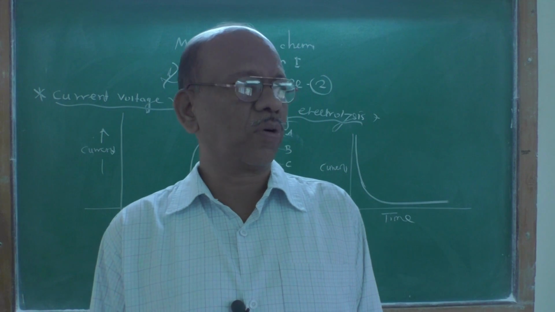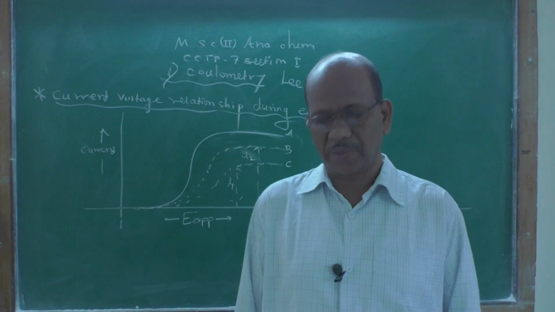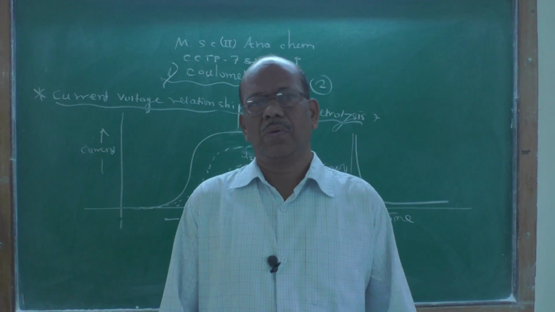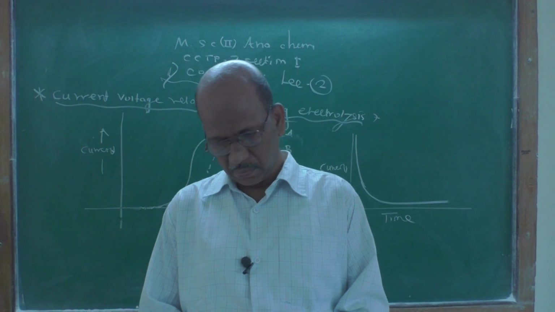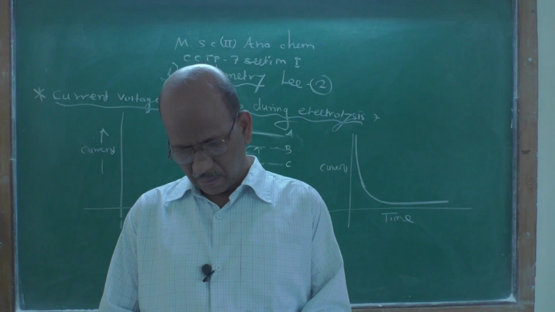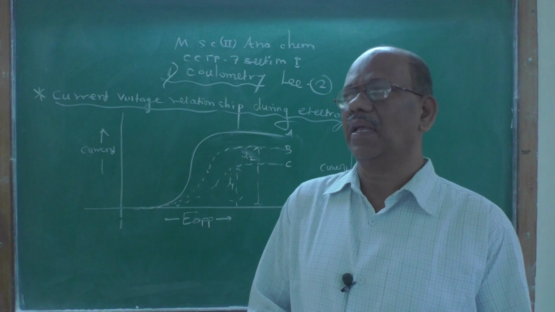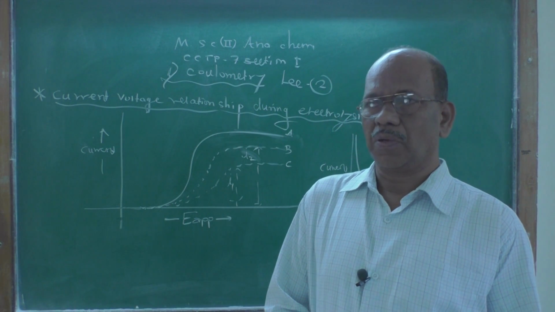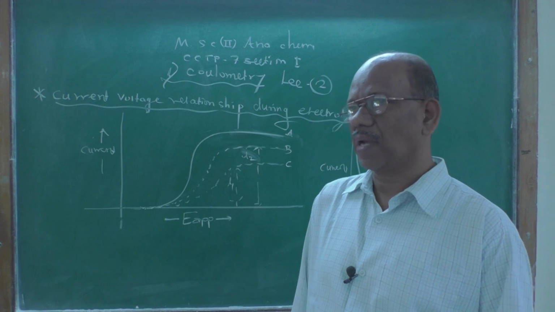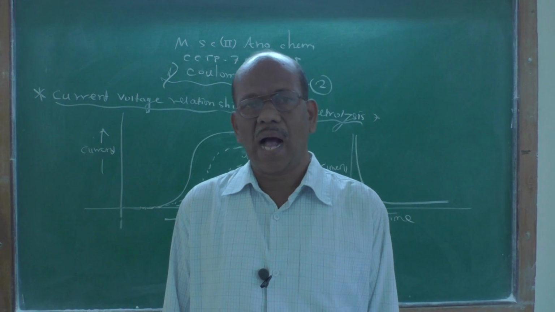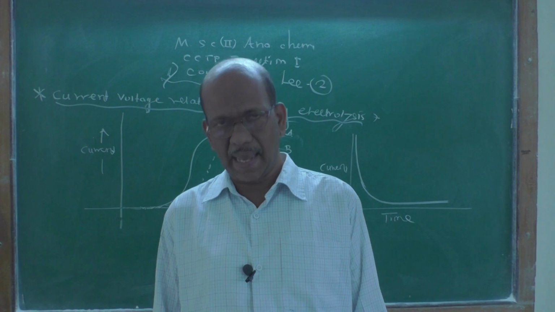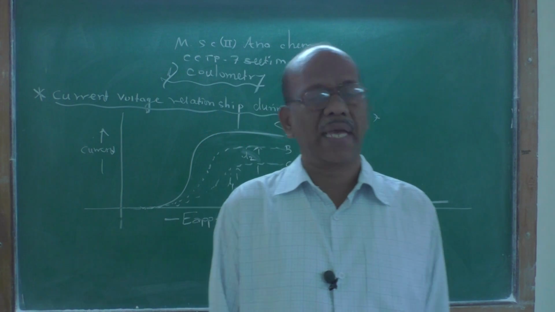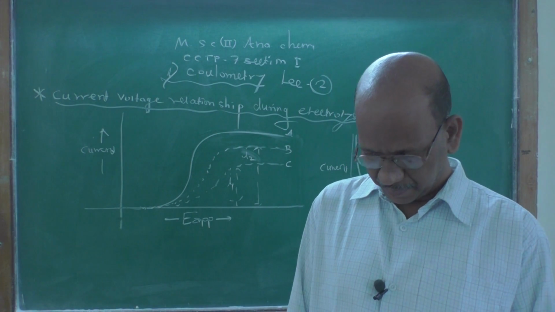If we consider the total amount of electricity passed through an electrode, it can be expressed by the expression Q is equal to IT. Q is the quantity of electricity passed, I is the current in ampere, and T is time in second.